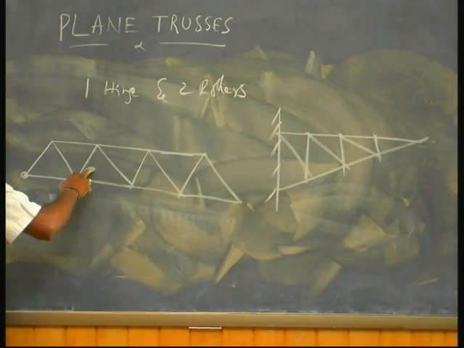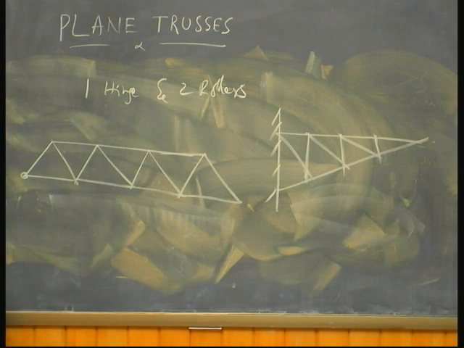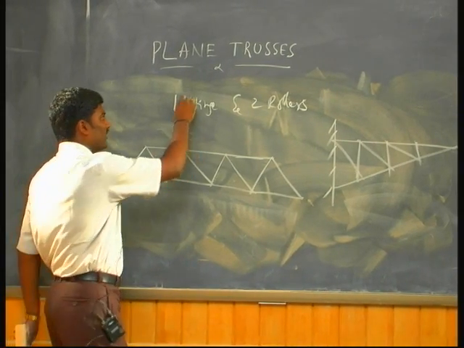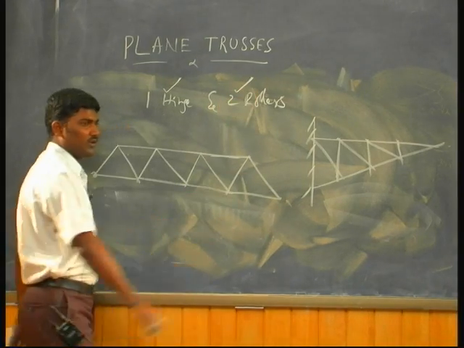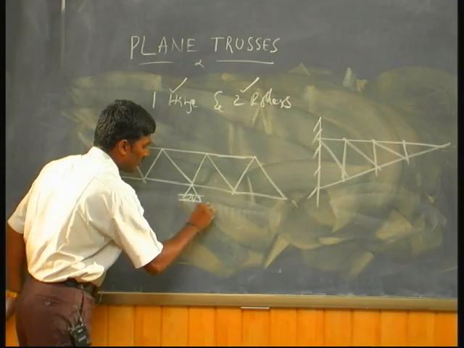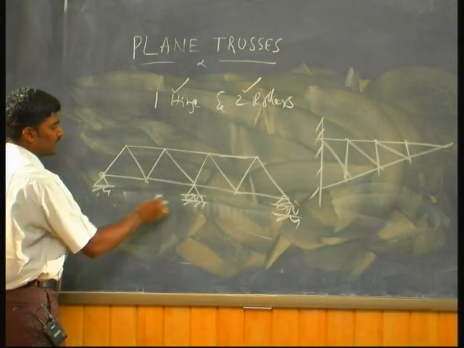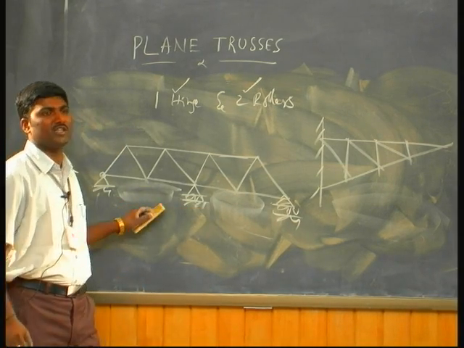You said one hinge, two rollers, why can't you provide? I need only two supports. My compulsory condition is one hinge, one roller. Where would you provide the other roller? If you provide a support roller midway, another roller here, your space is restricted to only this one. So your space restriction is gone.